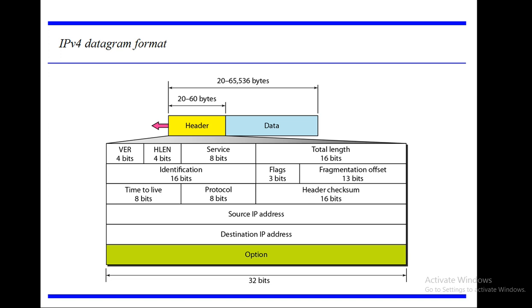So why is it required? Whenever this datagram is received by a router, the router will decrement this time to live by 1. So the value will keep decrementing by 1 whenever the datagram visits a router. When the time to live field becomes 0, this datagram will be discarded because it should not flood the network.